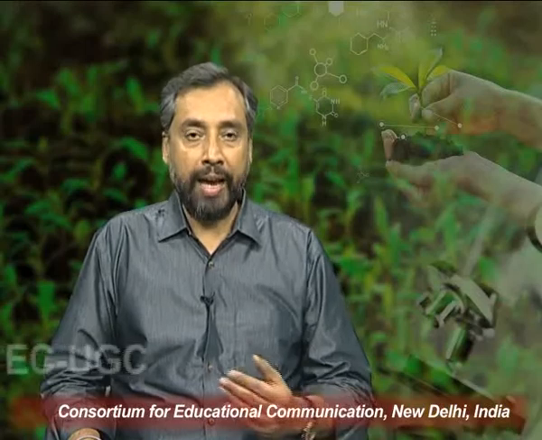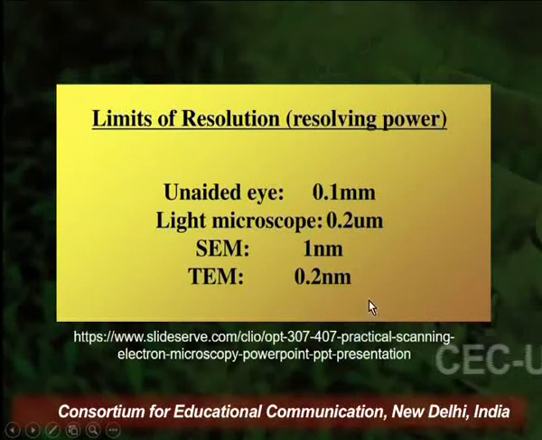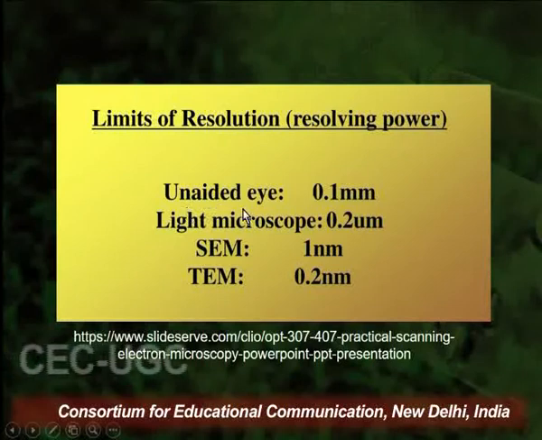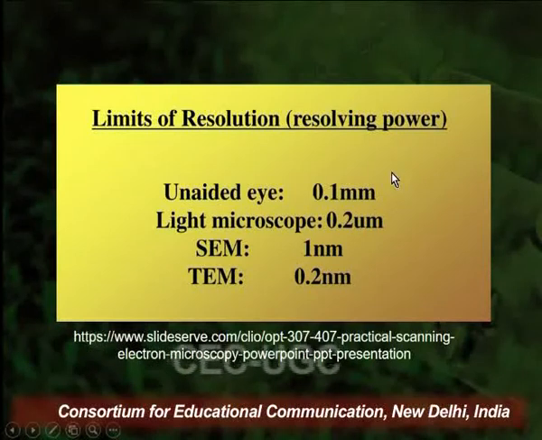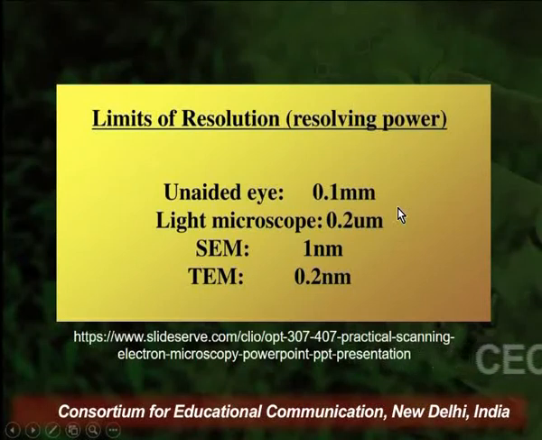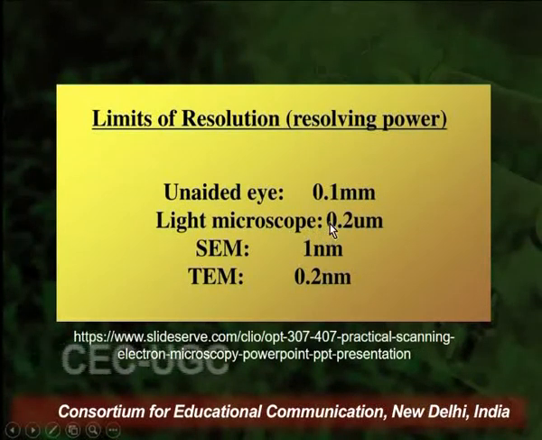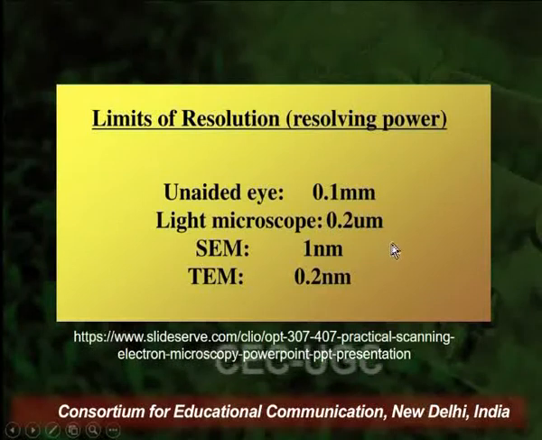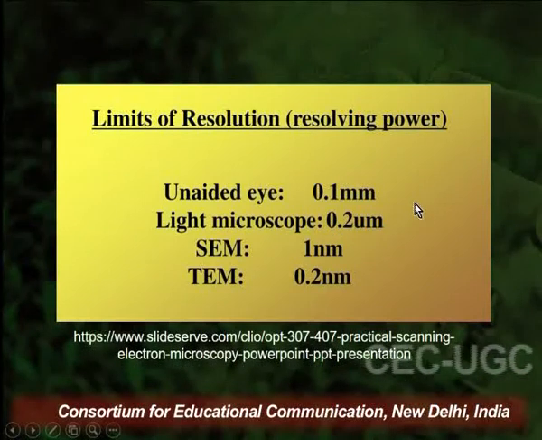So if we have to compare the resolving power of various optical systems, the resolving power of an unaided eye is merely 0.1 millimeter, whereas a good light microscope can have a resolving power of up to 0.2 micrometer.